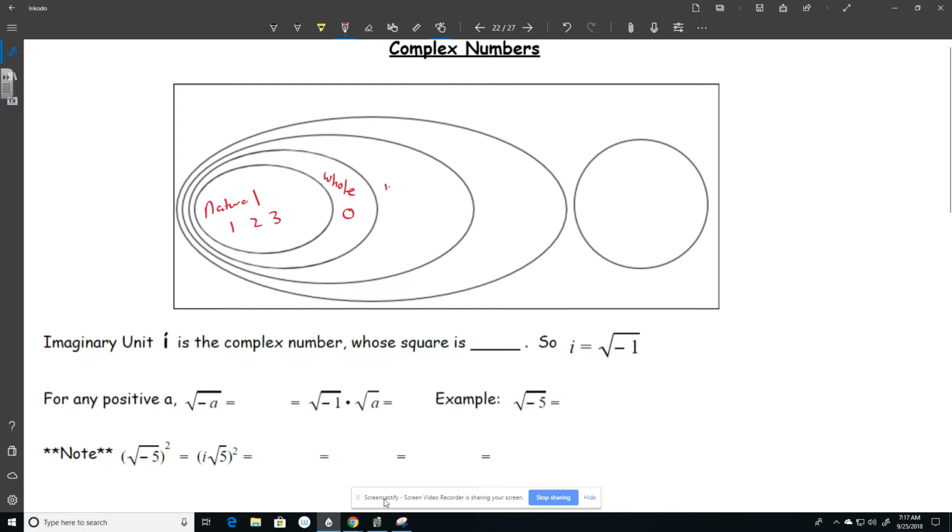Then in 7th grade, we introduced you to integers, which include natural numbers, whole numbers, and you get -1, -2, -1,375. Negative whole numbers are part of the integers.